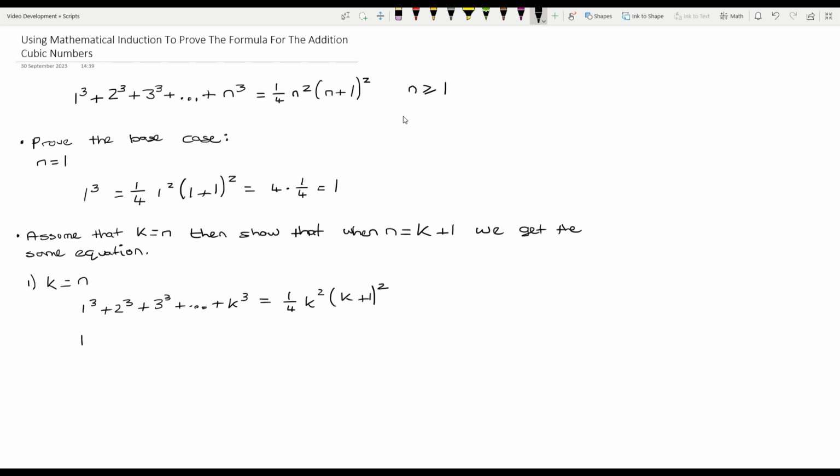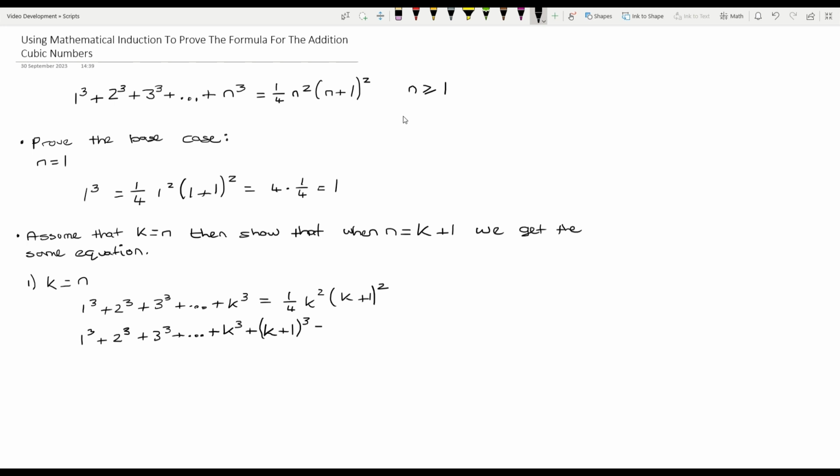We would have 1 cubed plus 2 cubed plus 3 cubed plus ... plus k cubed plus (k plus 1) cubed. So it's exactly as we had before, but we've got an extra cubic number, and that's (k plus 1) cubed.